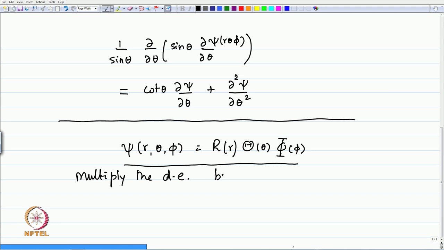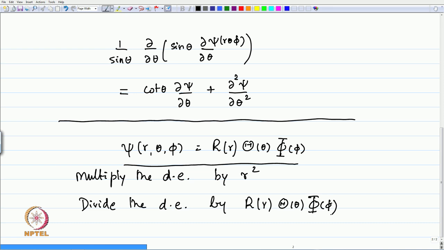and also divide by R of r and theta of theta and phi of phi.